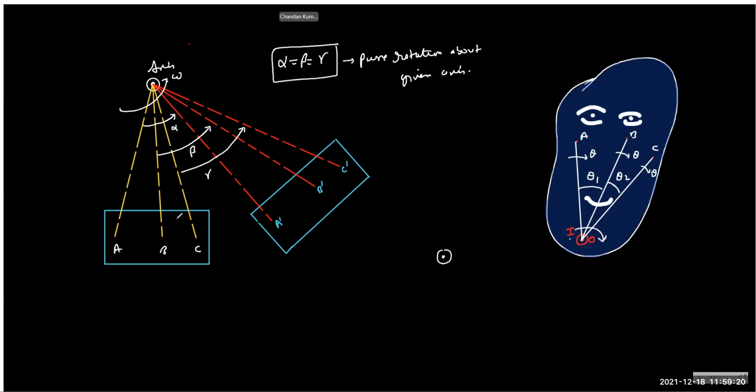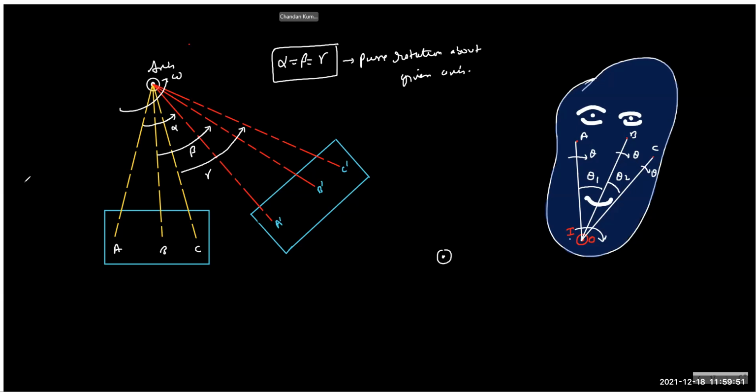The beauty of pure rotation is that the motion can be expressed in terms of angular quantities, and we need not worry about the translatory motion at all, because every point is moving in a circle of some radius, and every particle will have the same omega and the same angular acceleration alpha.